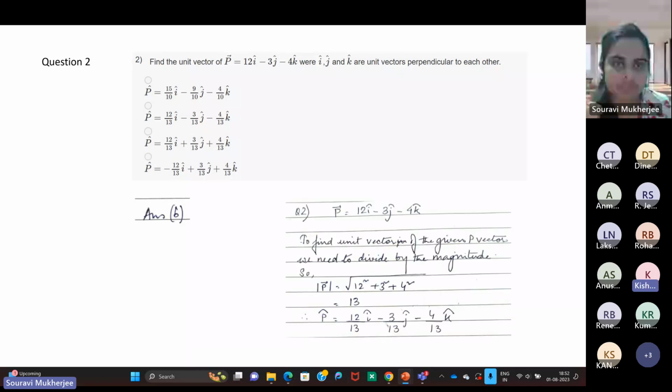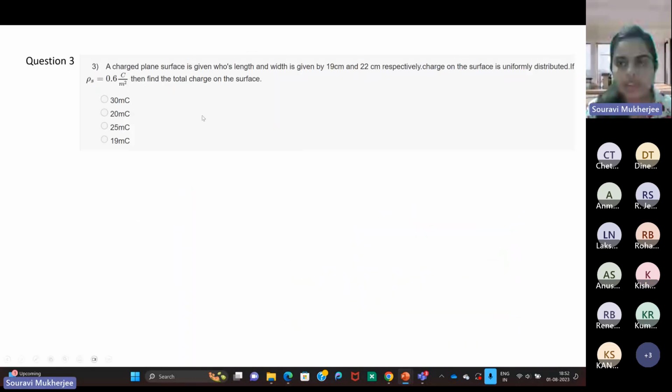Very, very straightforward. Okay. This is another question which says that this is your surface charge density, right? And these are the dimensions of your plane surface. Now you want to find the total charge on the surface. So how do you do this?